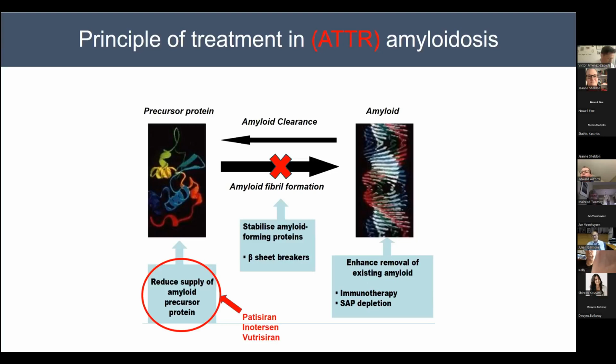So in ATTR amyloidosis, the approved RNA interference therapeutics, patisiran, inotersen, and vutrisiran, often referred to as gene silencers, work by reducing the circulating concentration of TTR.